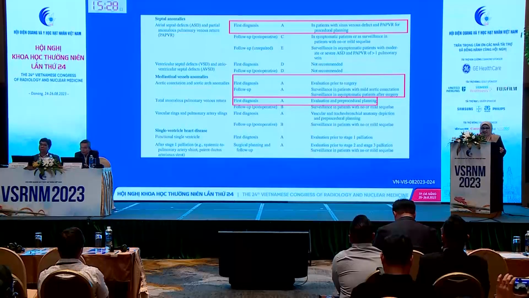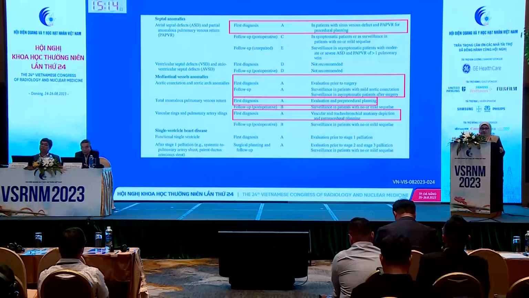For mediastinal vessel anomalies, for example aortic coarctation or aortic arch anomalies, CT is also recommended. Even at follow-up in total anomalous venous return, vascular ring, and pulmonary sling, CT is important. And also in single ventricle heart disease.